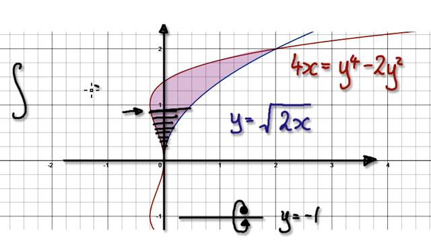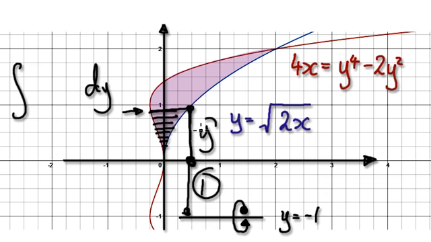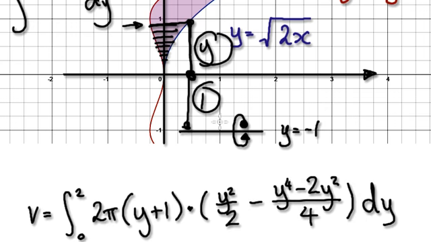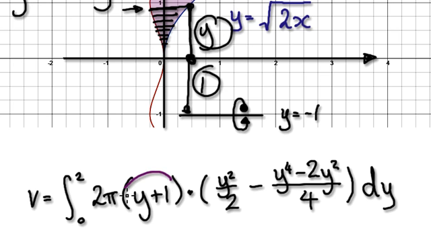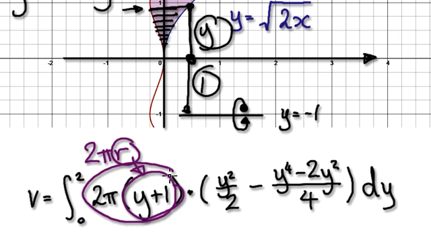This height here will be y, and then from here to here is 1. So the radius will be 1 plus y, or y plus 1. So this is 2 pi r, and this r here is this thing here. This here will give us the circumference.